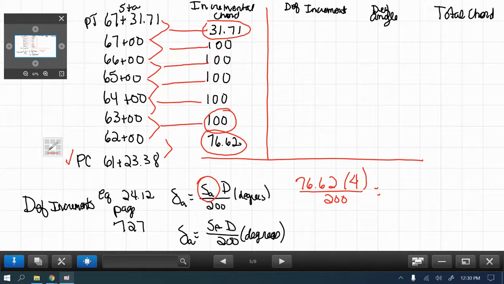And you want that in degrees, minutes, and seconds. I got 1 degree, 31 minutes, and 56 seconds. Actually, it would round up to 57.